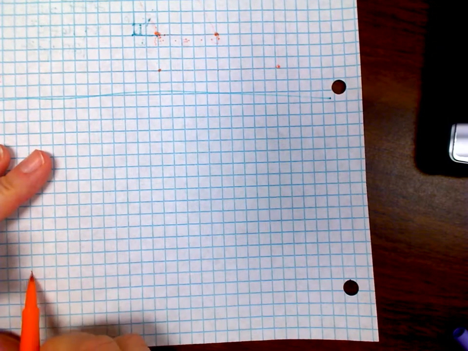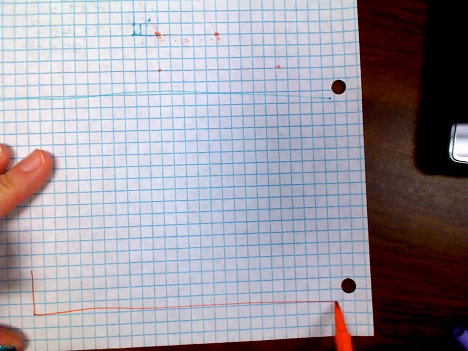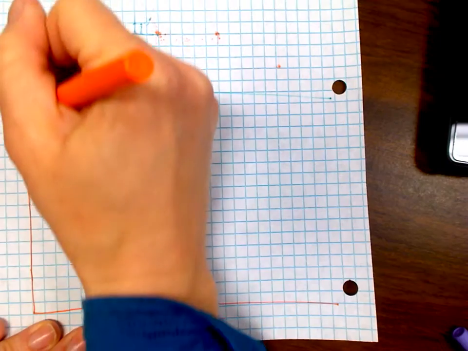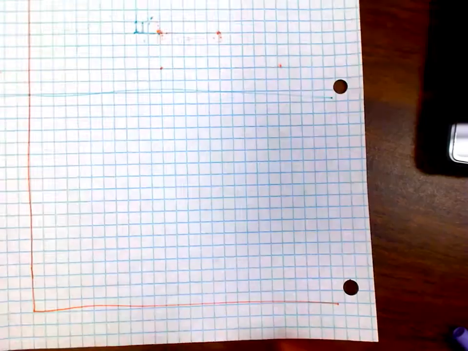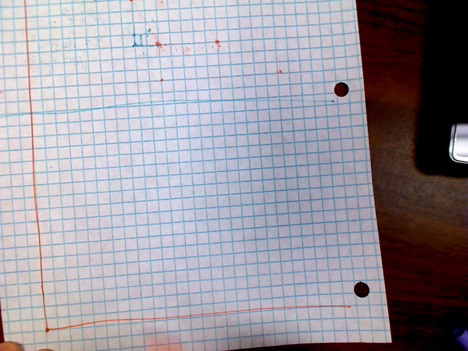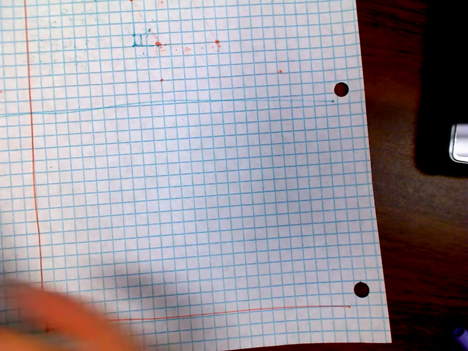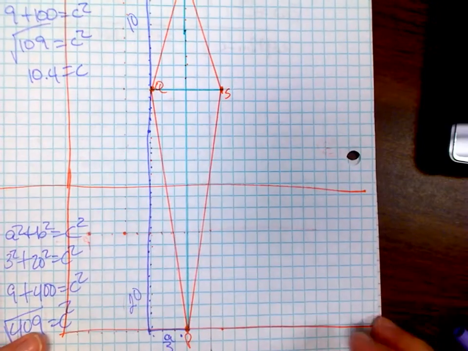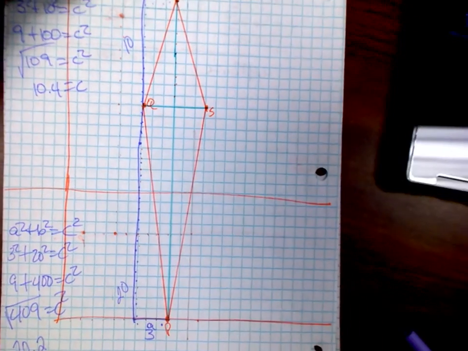So make your coordinate plane right there. And you're going to make your kite. And I'm about to run out of time, so I'm just going to throw the one I did earlier up. That's what it's going to look like. It's a large kite.